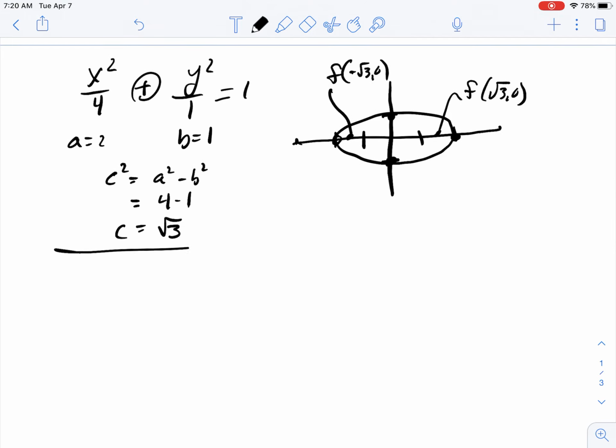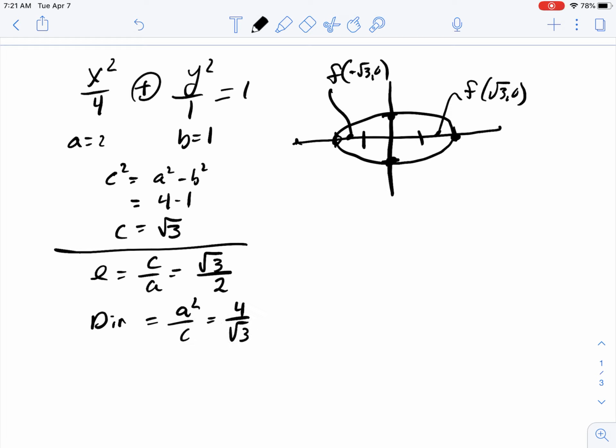Okay, now let's do my eccentricity. C over A is root 3 over 2. My directrix is A squared over C, so that would be 4 over root 3, or 4 root 3 over 3.